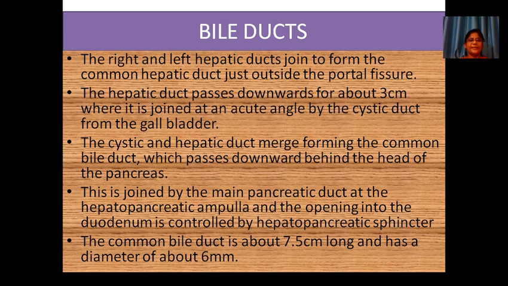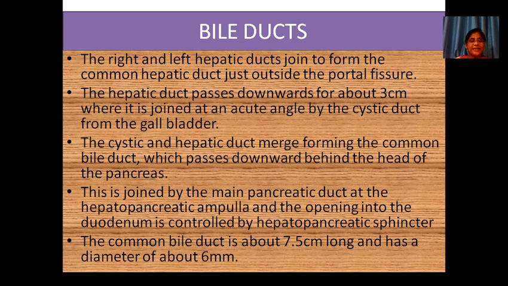This hepatic duct passes downwards for about 3 centimeters, where it is joined at an acute angle by the cystic duct from the gallbladder. The cystic and hepatic ducts form the common bile duct, which passes downward behind the head of the pancreas.